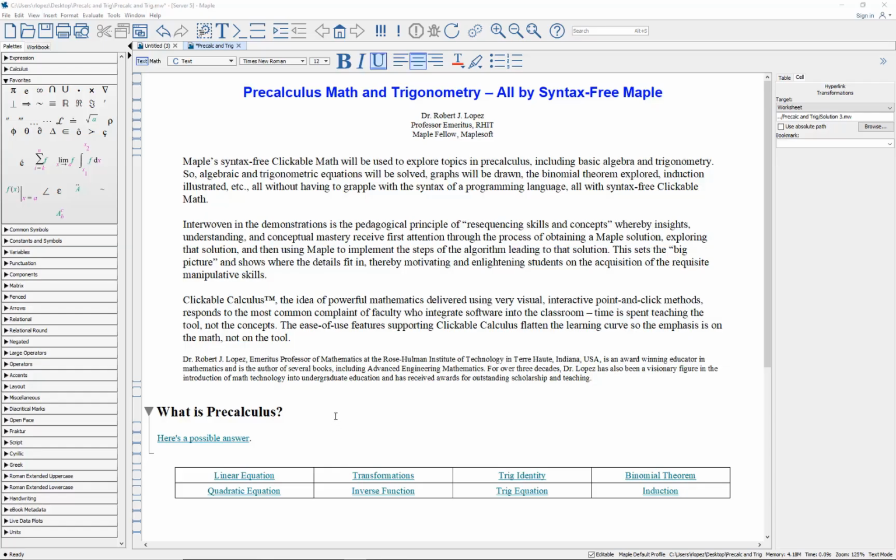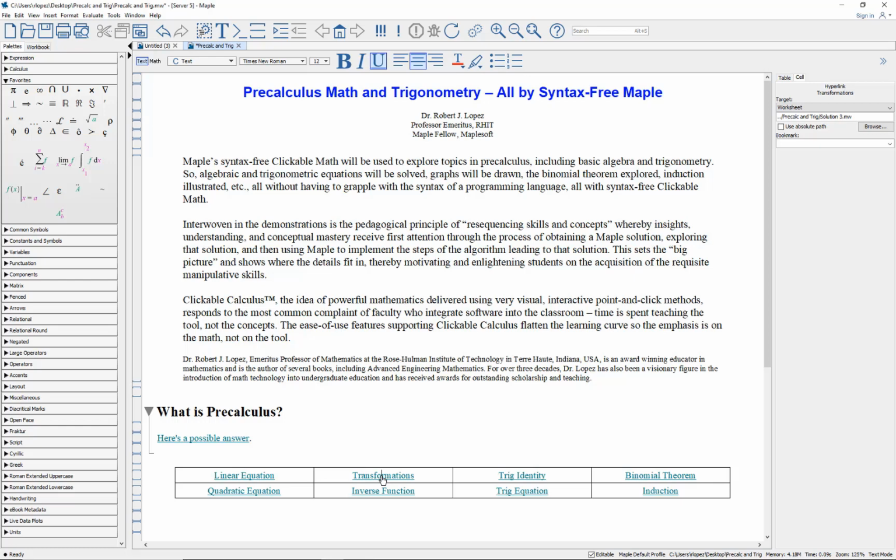Now I noticed that in some of these newer precalculus books, there's a lot of emphasis on functions. Well, one of the things that they do with functions, the study of functions, is to see how their graphs behave under various transformations.